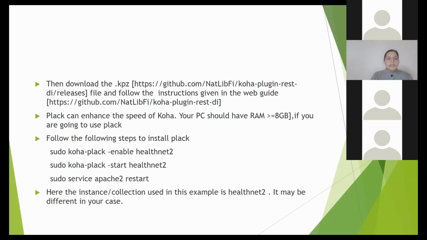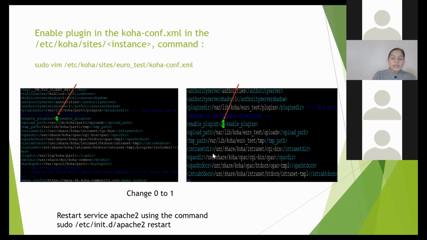Then we should enable the plugin in the Koha administration page. For this purpose, we should edit the koha-conf file under the instance name, where the Koha instance name euro_test is used.